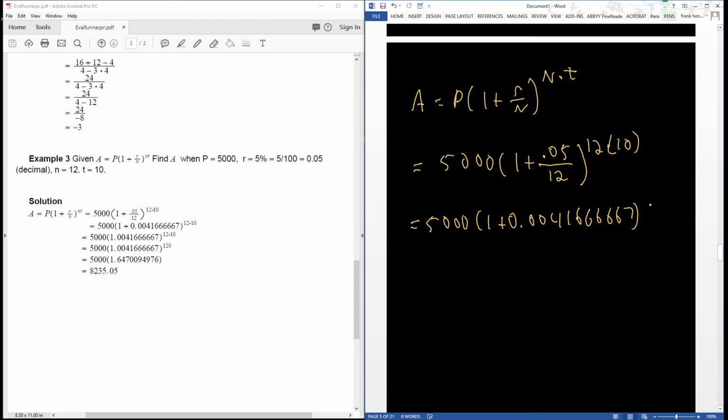And 12 times 10 is 120. So I've taken care of what's in the parentheses. Next, I want to take care of the exponent.